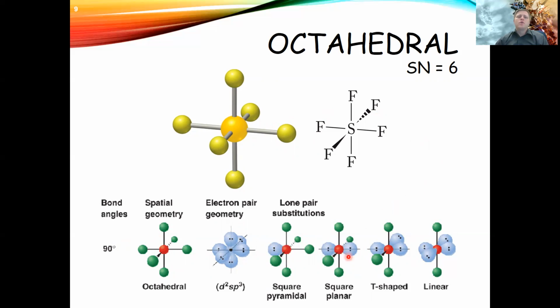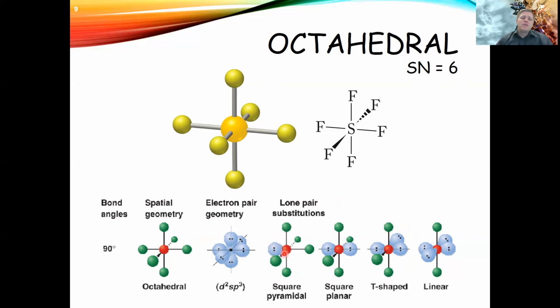So if you're going to have two lone pairs in an octahedral electron geometry, the lone pairs have to be opposite one another. And then after you've got three lone pairs and you move to a fourth, that fourth has to be opposite of the third. Right, so we're not getting these all bunched up. We're trying to spread out the lone pairs.